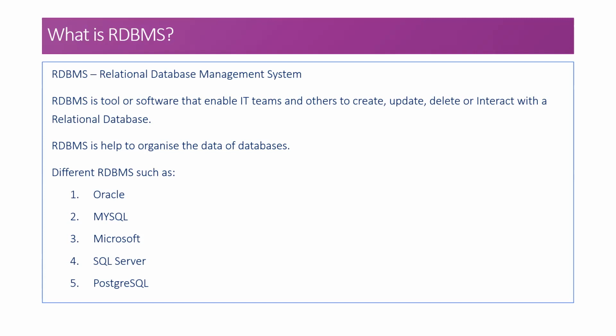So RDBMS will not allow you to store files. Instead of that, it will allow you to store the entire data in the form of tables. That is why we say that data is structured data. Structured data meaning data is in columns and rows. And this kind of data is handled by using SQL.